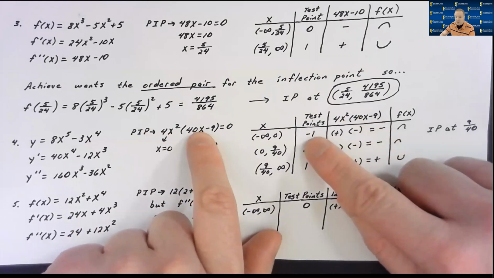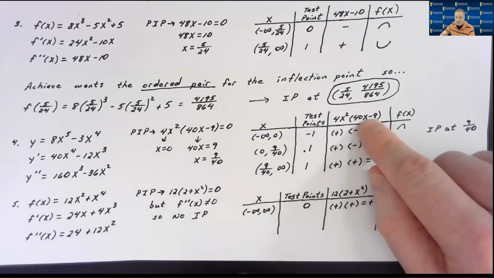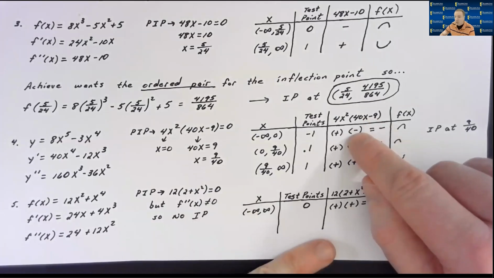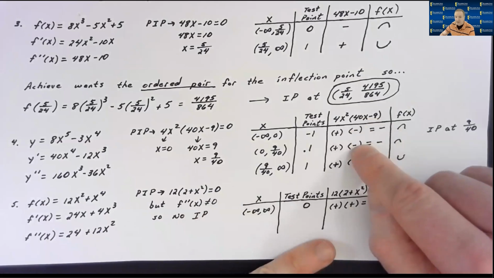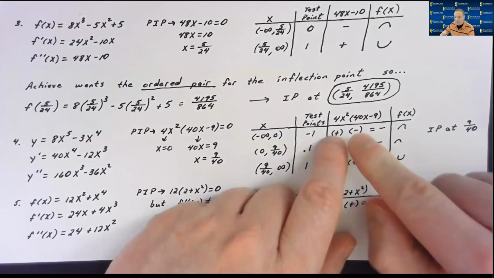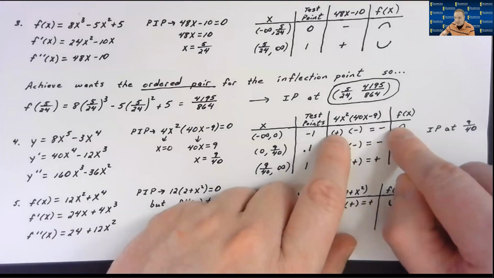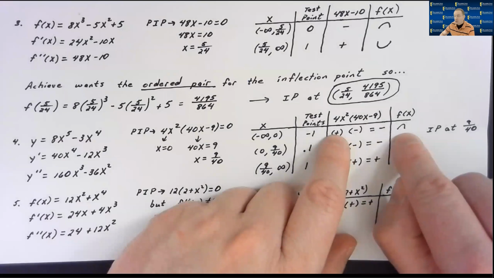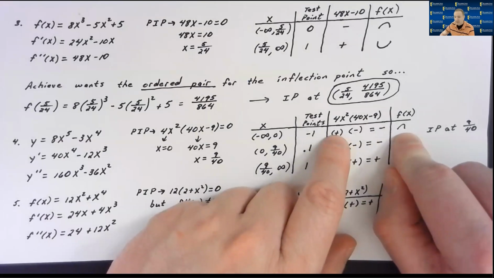Now, when I start plugging values in, you plug the -1. You'll get -49. It's a negative. When you plug a 0.1 in, you get 4 minus 9. It's -5. When you plug a 1 in, you'll get 40 minus 9. It'd be a positive 31. So in our first region, we're going to have a positive times a negative. We know our second derivative is negative in that region, which tells me that my original function is concave down in that region.